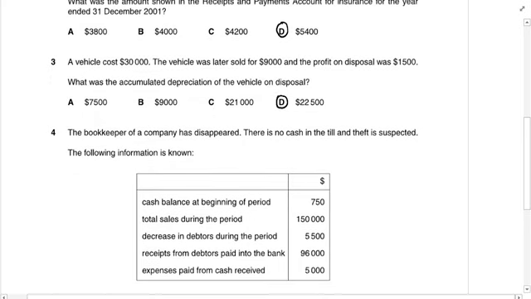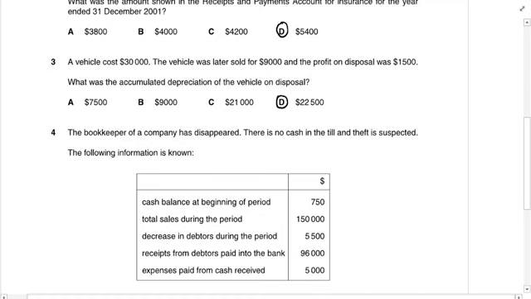Right, next to that, a bookkeeper of a company has disappeared. There is no cash in the till and theft is suspected. The following information is known: cash at the beginning, right? Total sales during the year. In mind, total sales, and I believe they contain both credit and cash sales.